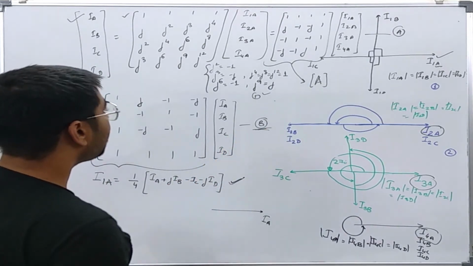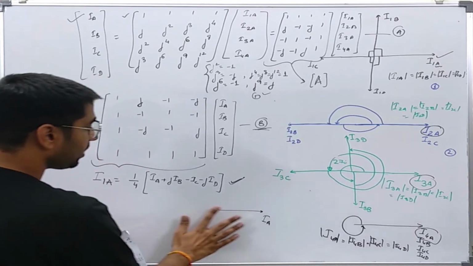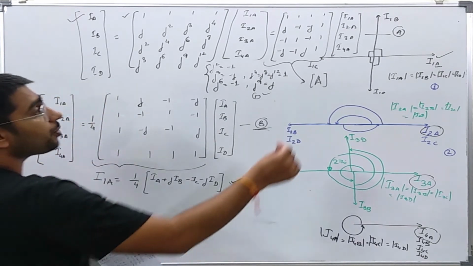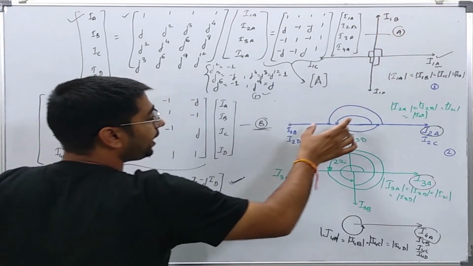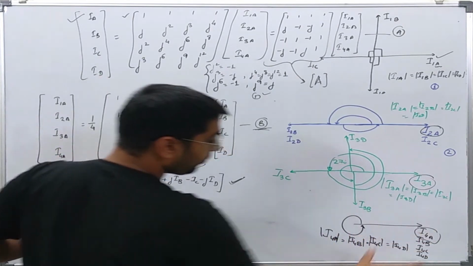Okay. Similarly, to find, let us say, phasor B, I will add the components I1b, I2b, I3b and I4b.